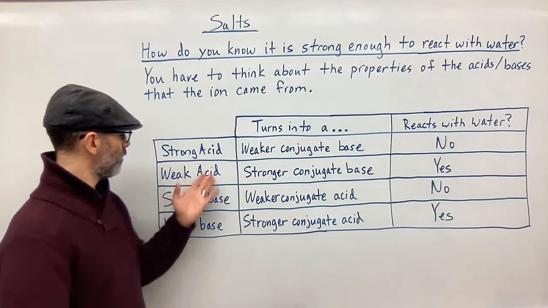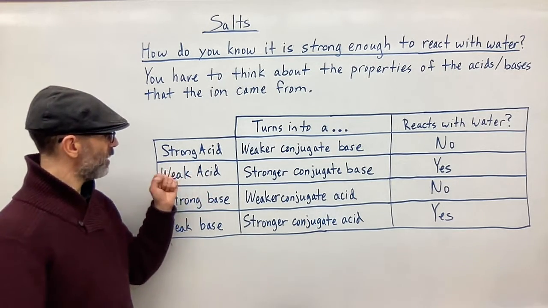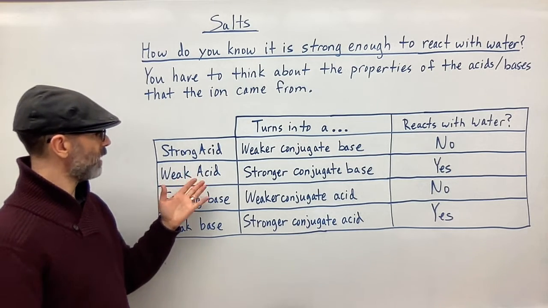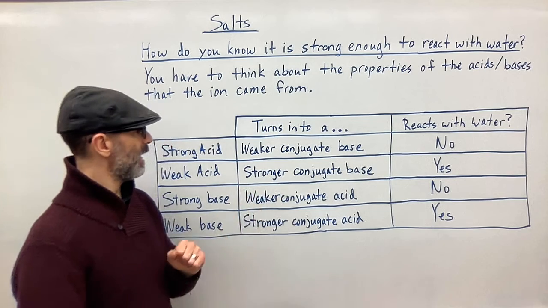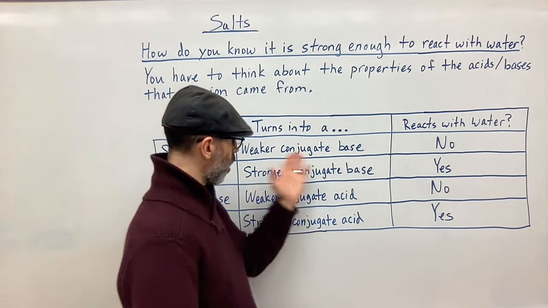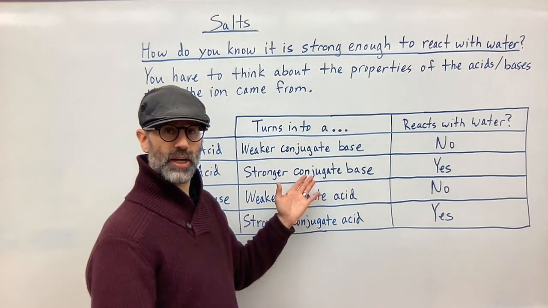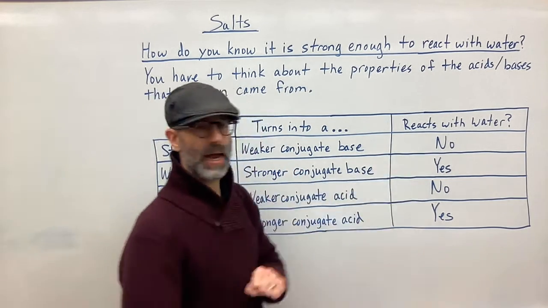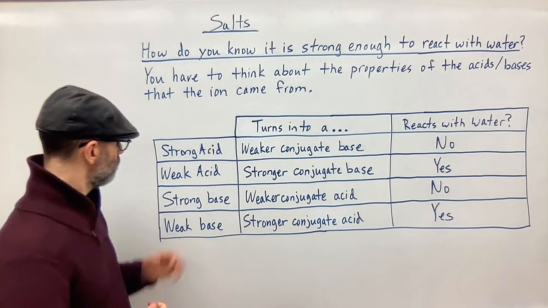If you have a weak acid, then the ion that comes from the weak acid is going to be a stronger conjugate base compared to the weak acid, and therefore it will react with water to get back that hydrogen.